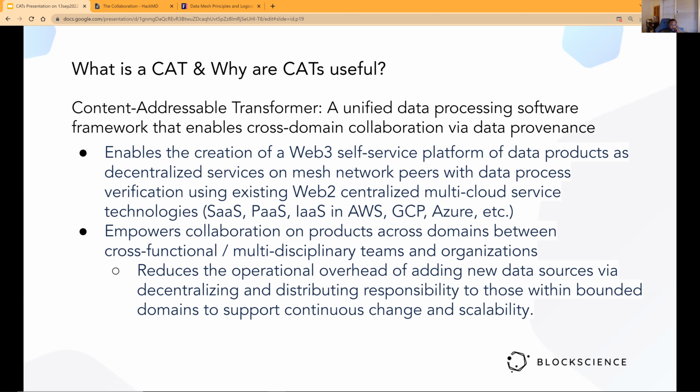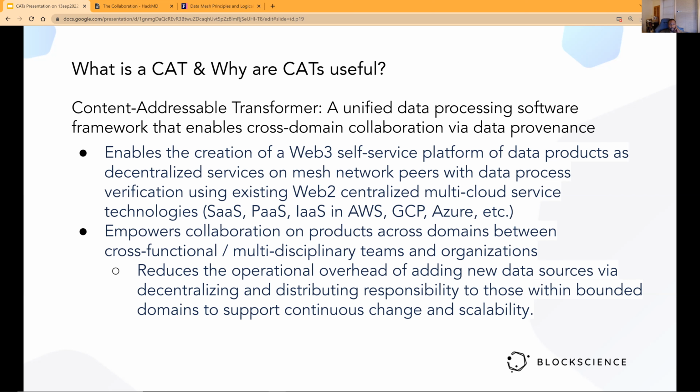All within this unified processing framework. The platform will empower collaboration on products across domains between cross-functional and multidisciplinary teams and organizations, by reducing the operational overhead of adding new data sources via decentralizing and distributing responsibility to those collaborating within bounded domains to support continuous change and scalability.